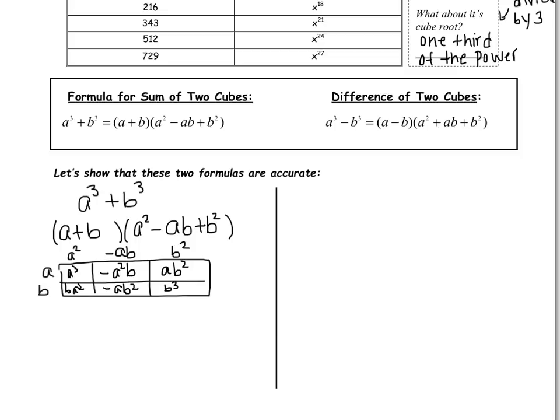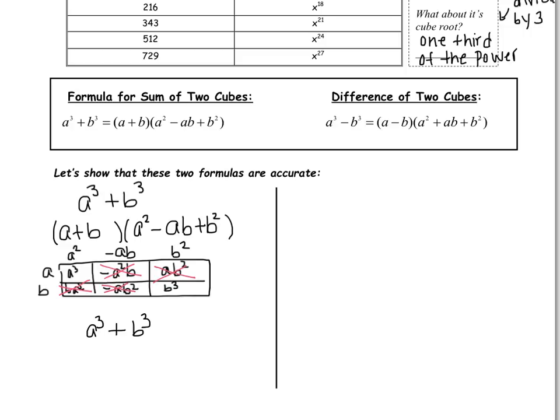So let's see what happens. Let's look at our diagonals. What happens with these? Well, we have a squared b, a positive and a negative. These are going to cancel when we add them. A squared, negative ab squared, ab squared, a positive and a negative. These are going to cancel also when we add them. So we are left with a to the third plus b to the third. So this works every time.